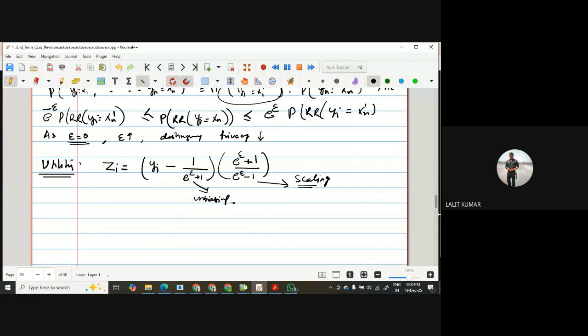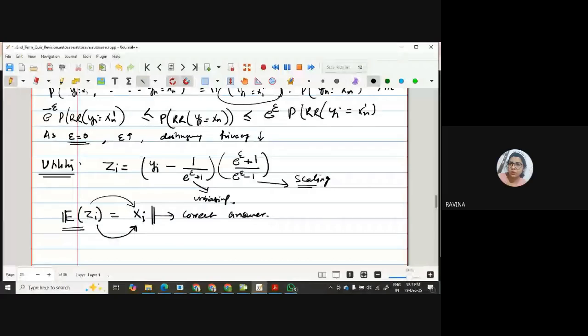So when I take the expectation of this zi, it comes to xi, where xi is the correct answer. So when I work from the responses, I get a fair idea of the correct answers, whether they have given correct answers or not, because I am getting this expected value equal to xi. Is that okay? Explanation? Yes, sir.